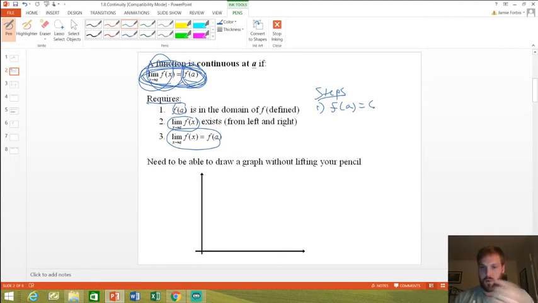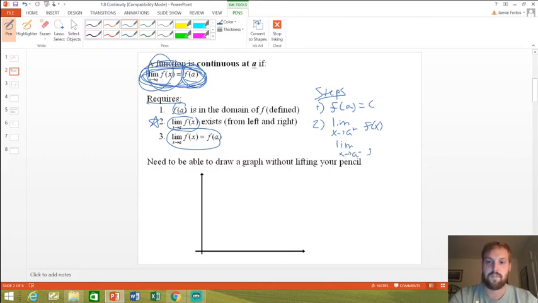Now, in order to do number two, in order to find the limit, we discussed how to prove a limit exists, and that's to show that the left and right limit are the same. So we have to break this up into a couple parts. We have to find the limit as x approaches a from the right of f of x, and the limit as x approaches a from the left of f of x.